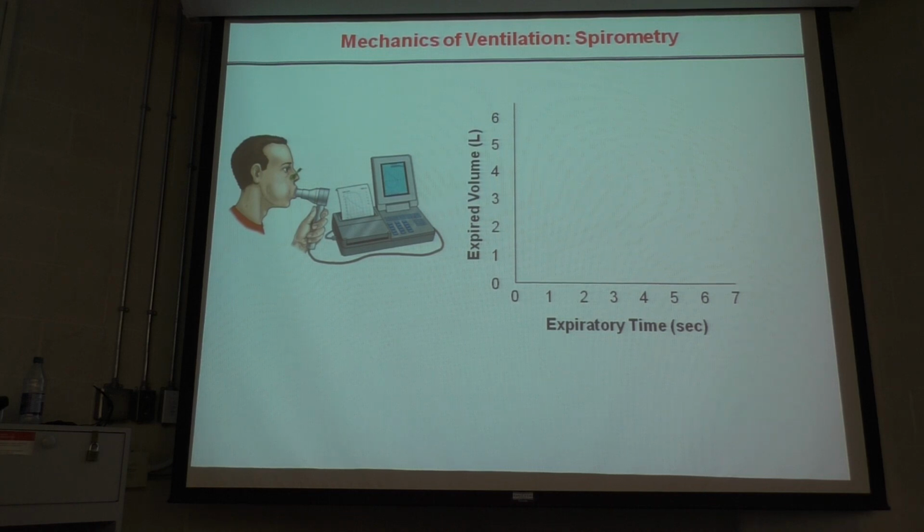Now, at total lung capacity, is airway resistance high or low? Commit to it. Good. Low. So if airway resistance is low, airway conductance is high, you can move a lot of air very quickly, right?